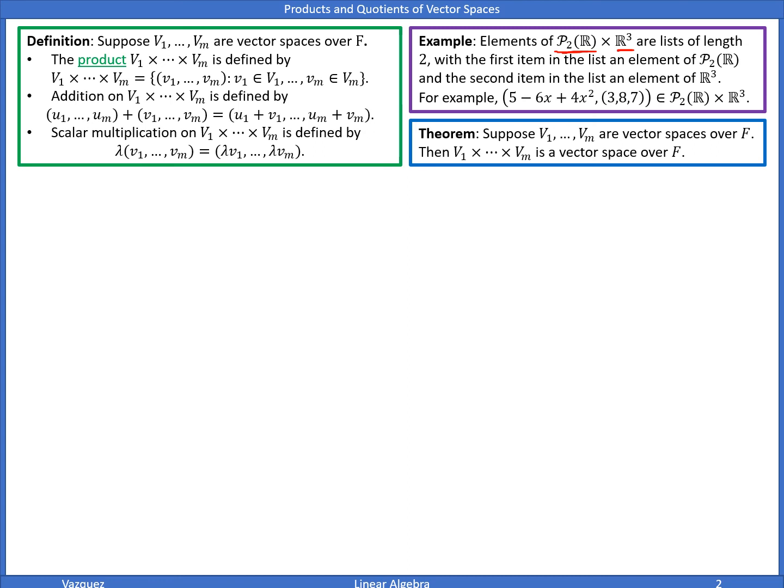But I will tell you that the additive identity is just 0, 0, 0, and so on and so forth. For example, the additive inverse is just negative V1 through negative Vm. So just use that information. I'm sure you know how to prove that something's a vector space. It's a good exercise to go through the process.